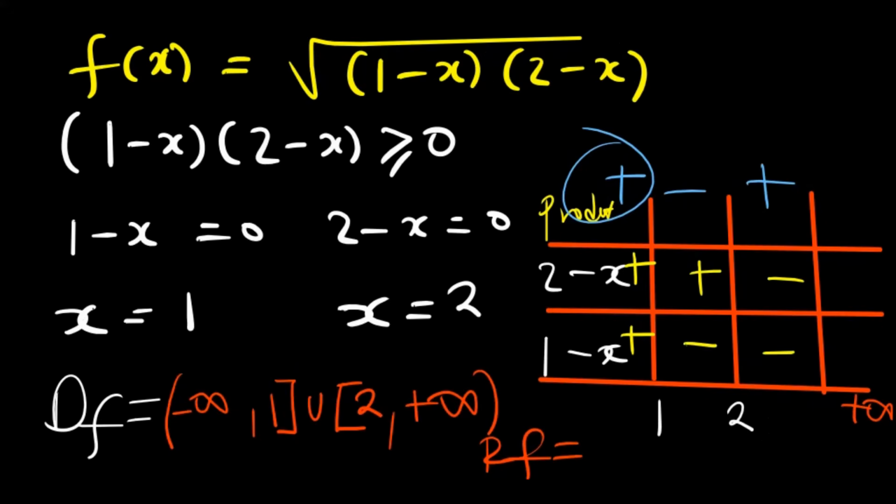But what if we check 0? Okay, going to the y values. If I put a 0 here and I put a 0 here, 1 minus 0 is 1, 2 minus 0 is 2, 2 multiplied by 1, that is 2. That is still fine. So the 0 can be included.